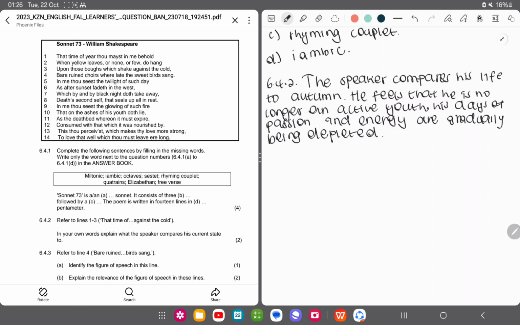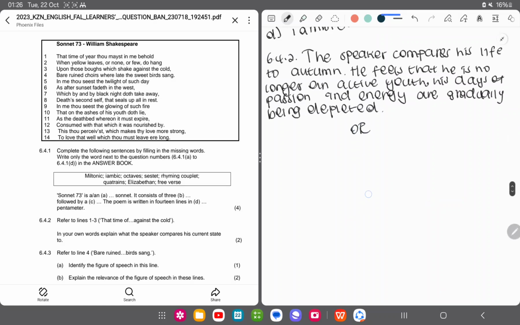Well, if you don't feel like explaining what these lines mean in this form, you can say autumn is a cold and dry season, right?